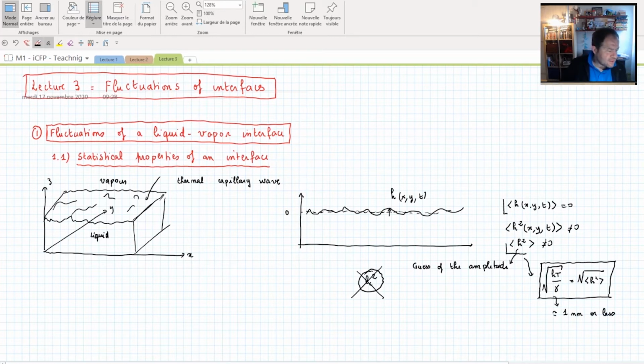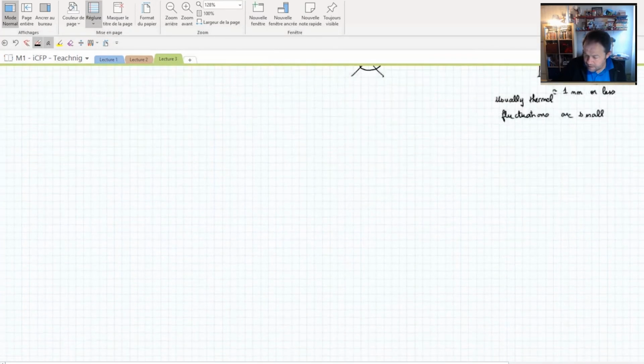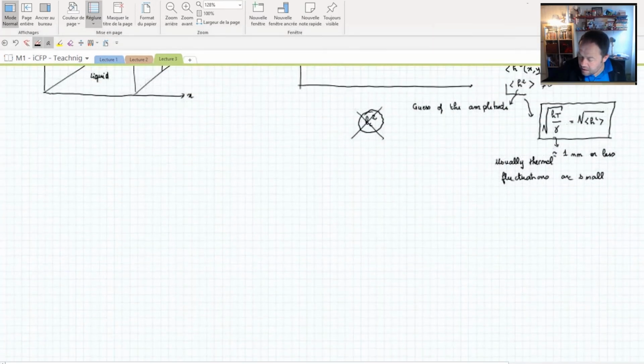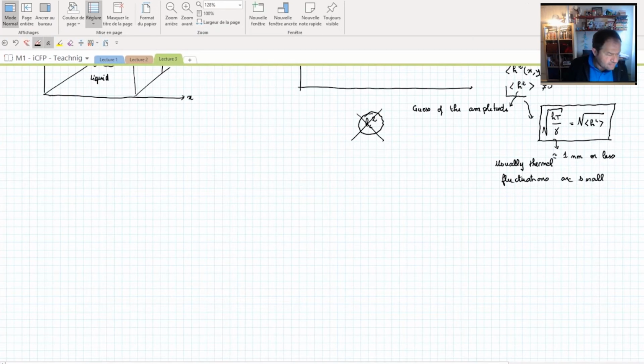Well, it's 1 nanometer or less, which tells us that usually thermal fluctuations are negligible or small. Well, it's not always the case, so we want to characterize this kind of distribution more properly.